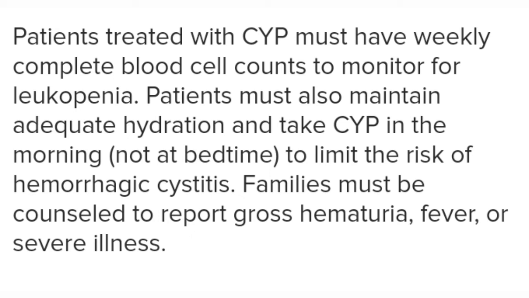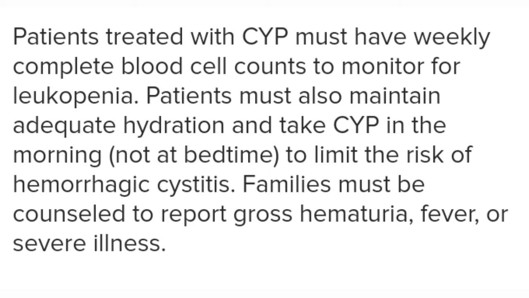Families must be counseled to report gross hematuria, fever, and severe illness. So it should be given along with good hydration in the morning time to avoid hemorrhagic cystitis. If you give it in the morning, you will drink water throughout the day, so the incidence of hemorrhagic cystitis will be lower as compared to giving it at night.